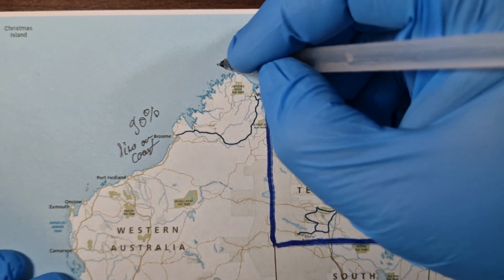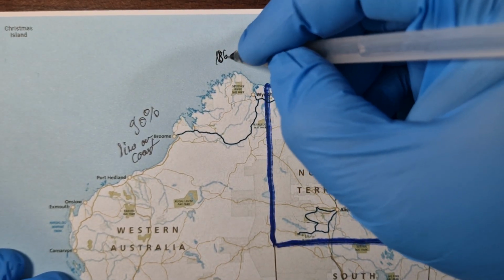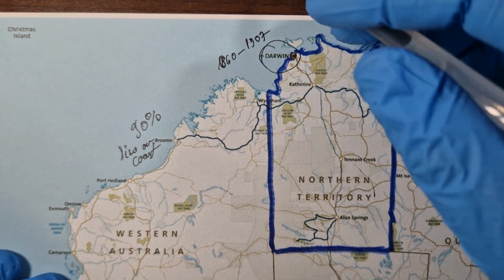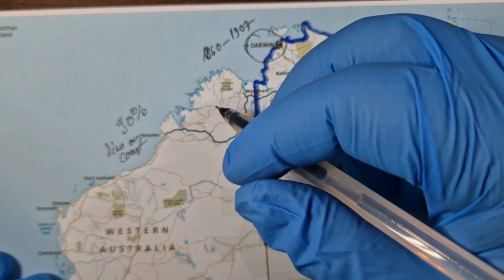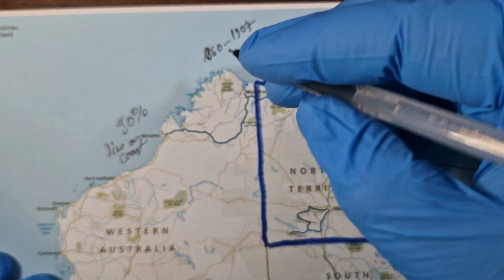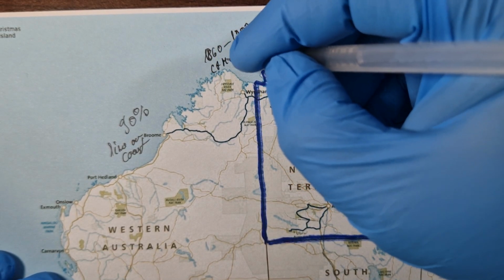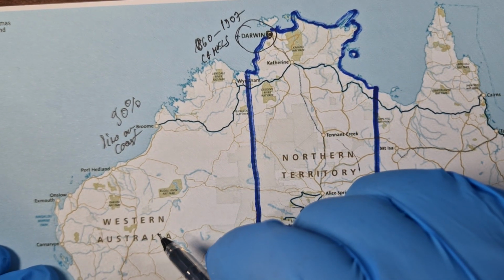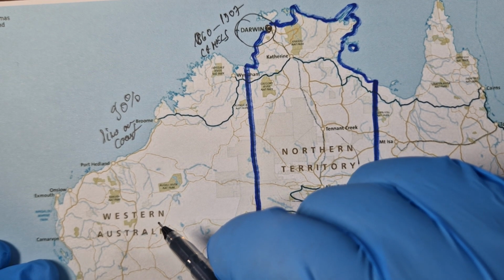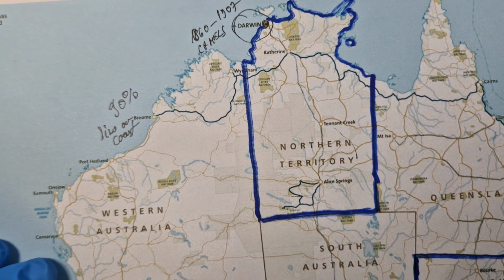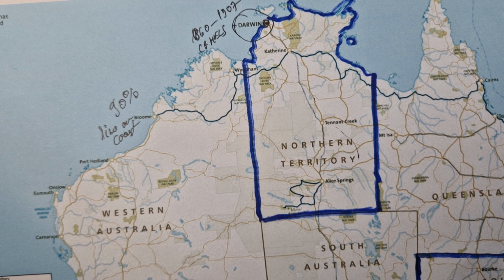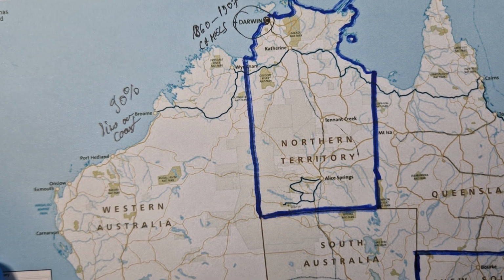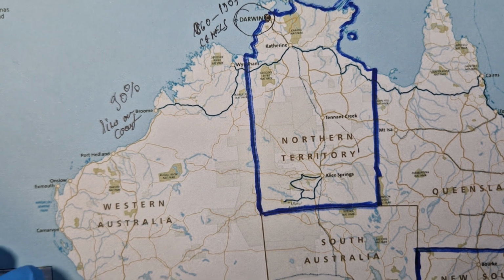Between 1860 and 1907, tens of thousands of one-hump camels were imported into Australia to help people pioneer the harsh dry conditions.